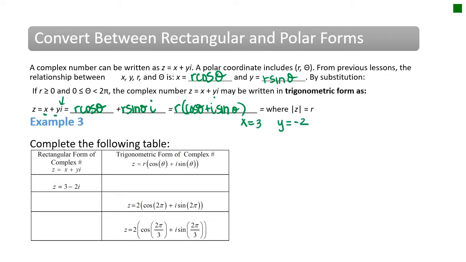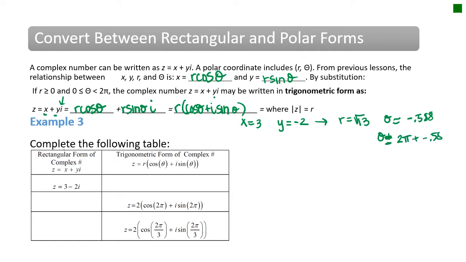We found on the previous slide from that last example that our radius was the square root of 13, and we found that our theta was about -0.588. Now, if we wanted this to be a positive number, remember that if you go on a unit circle, you could go 2 pi, and we'd still end up at the same spot.